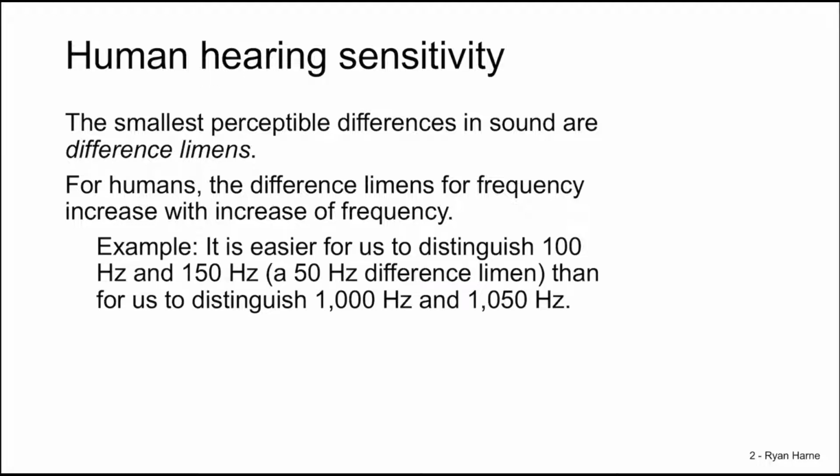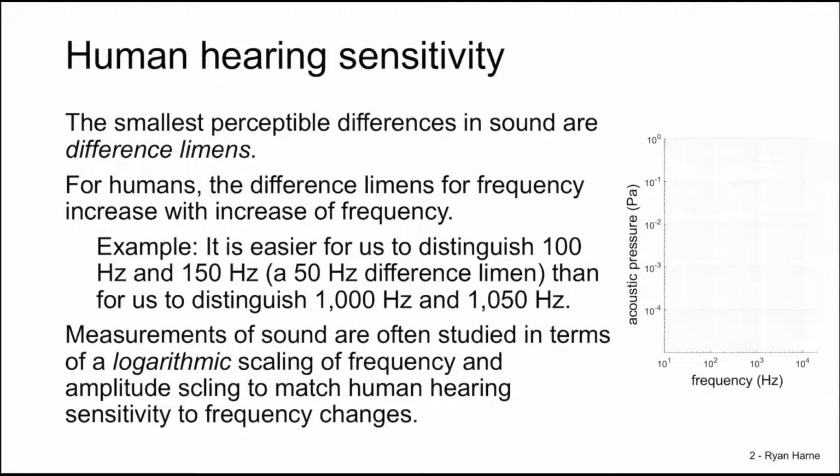What this means is that it is easier for us to distinguish between 100 and 150 hertz than for us to distinguish between 1000 and 1050 hertz. In other words, the 50 hertz change at low frequency is a larger relative change than at high frequency. This is an indicator that the difference limens in the frequency domain increase with increase in frequency.